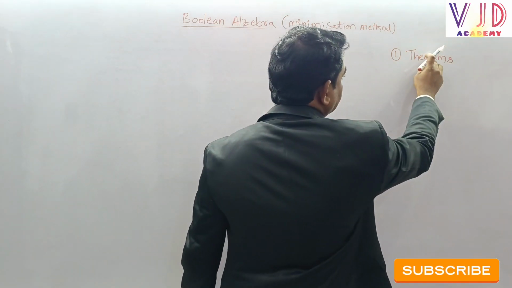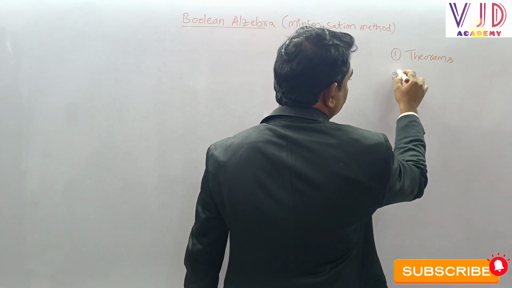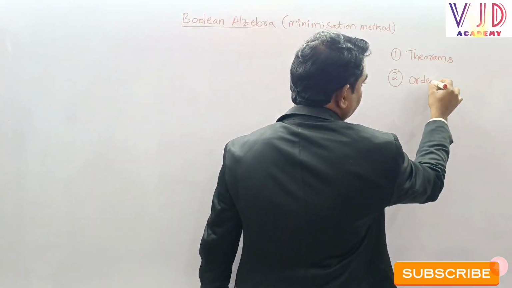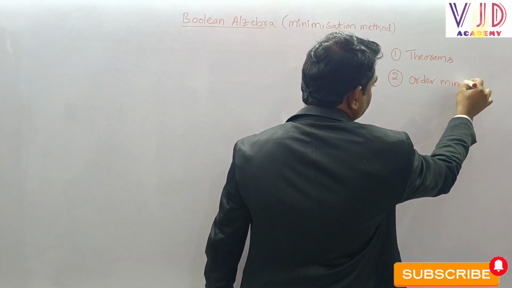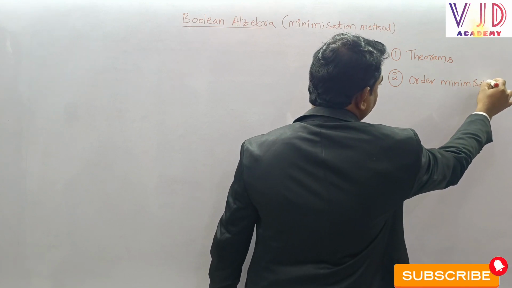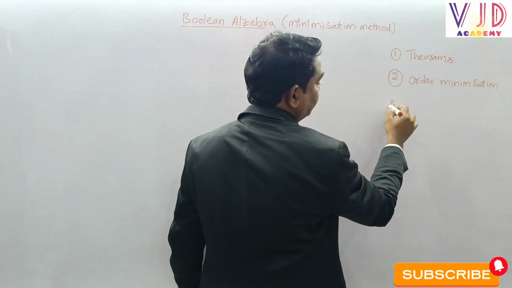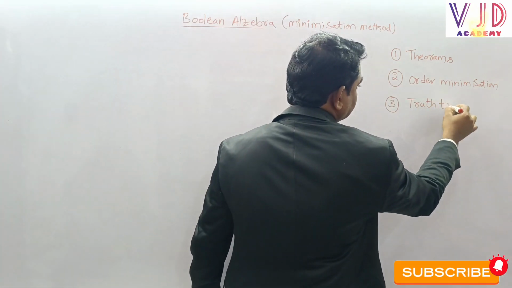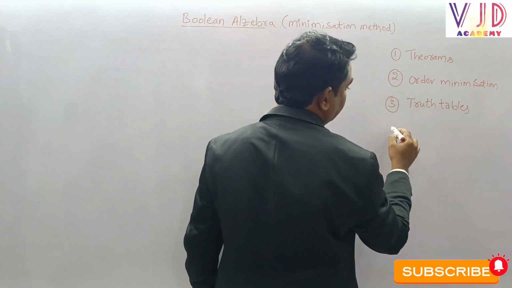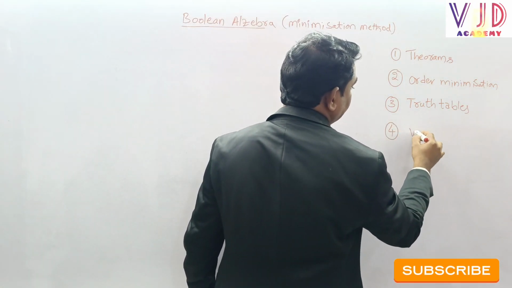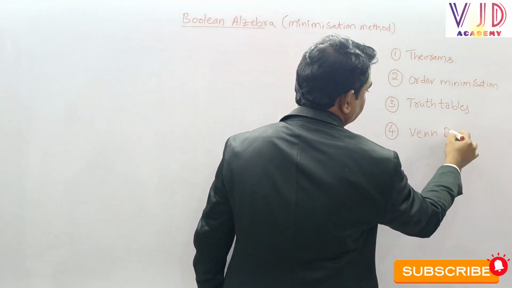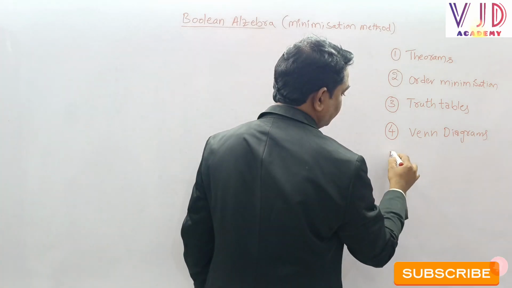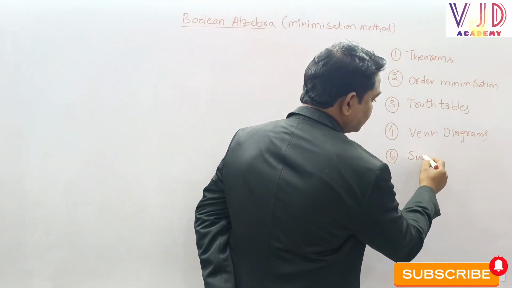Theorems of Boolean algebra. Second, order of minimization. Third, truth tables. Fourth, Venn diagrams. Fifth, switching circuits.